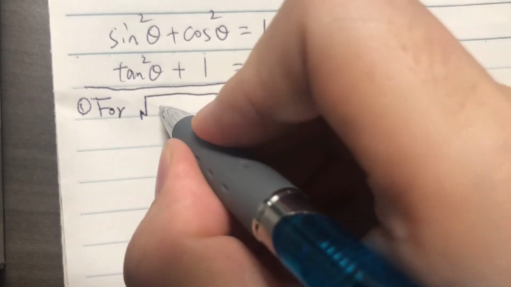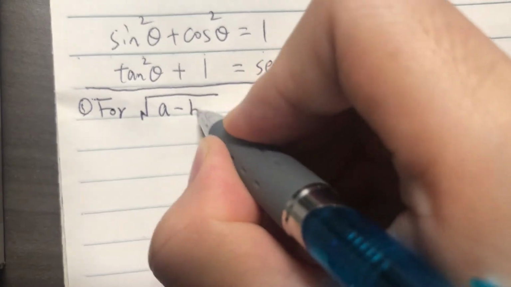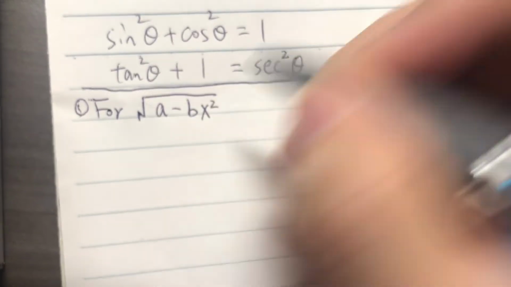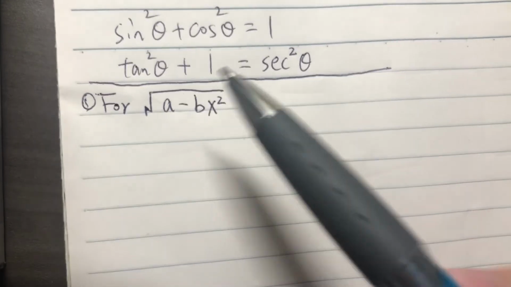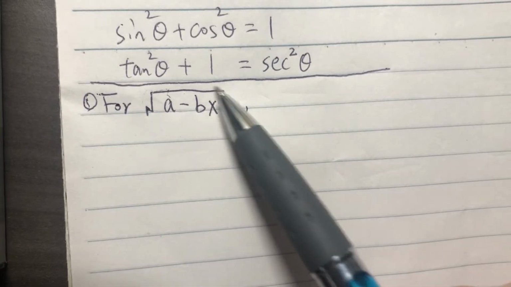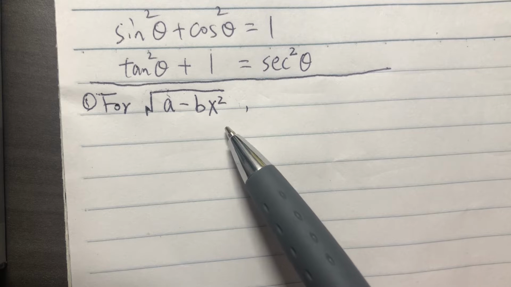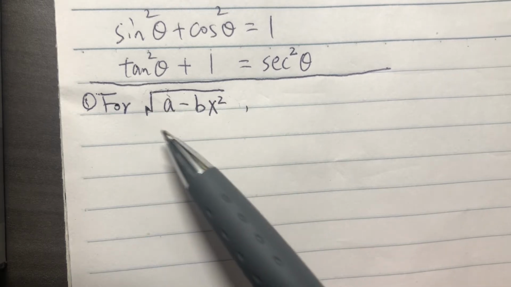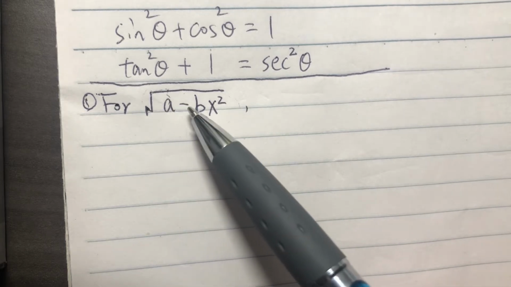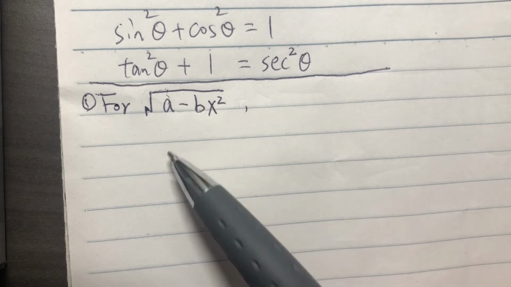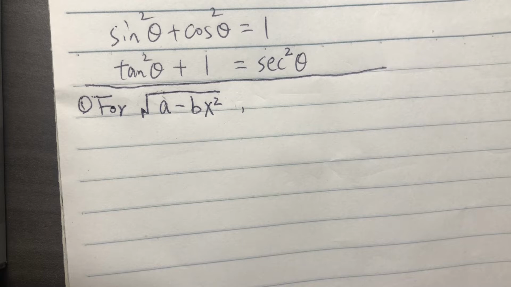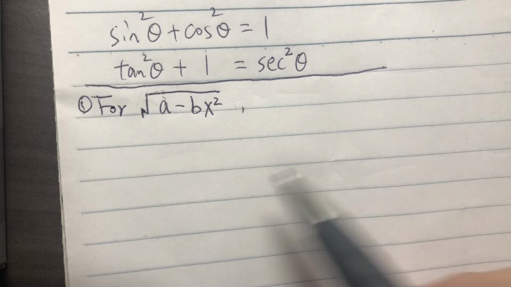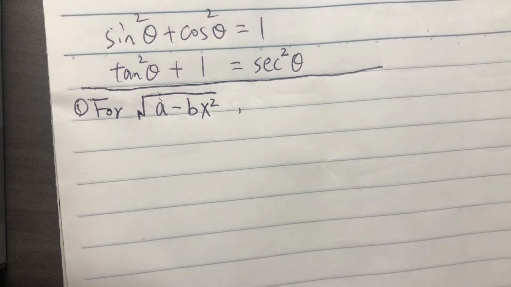For a minus b x squared, suppose there is part of the formula in this form, like under the square root, the formula is a minus b times x squared. Here a and b are two positive constants, and x is a variable.